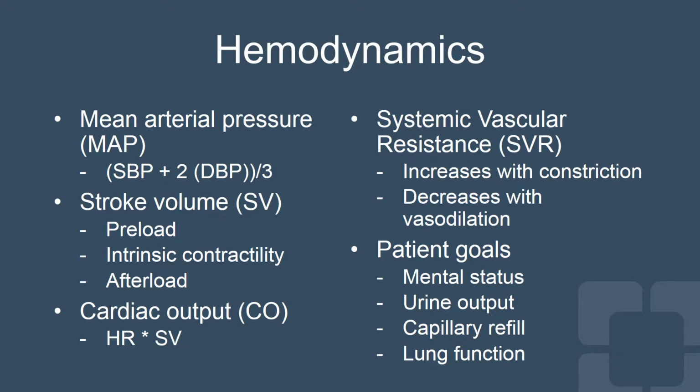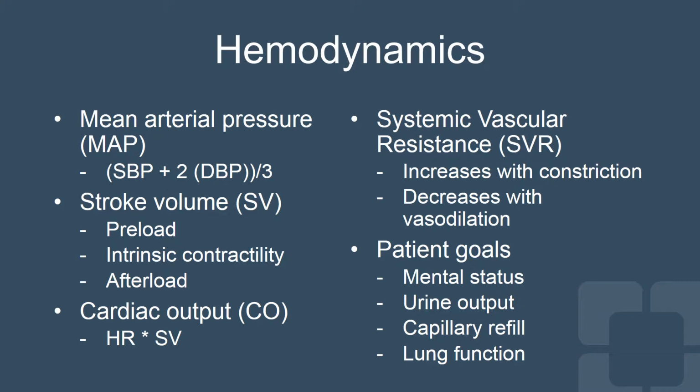Now, it's important to keep all of these numbers and hemodynamic measures in mind, but the biggest thing that we want to take into consideration are the patient goals that we're looking for. So yes, we are trying to achieve specific MAPs and systolic blood pressures, but we really want to be focusing on the patient's mental status. How is their mentation improving? Their urine output, their capillary refill.